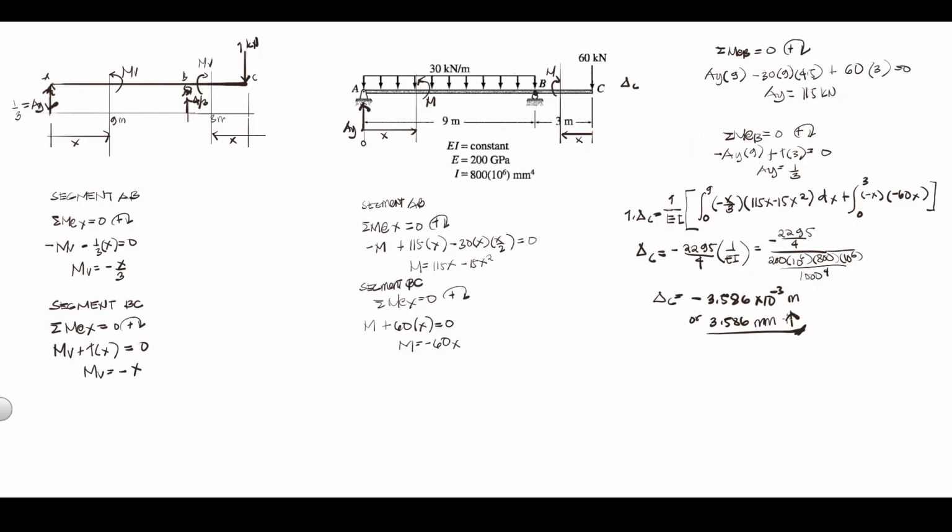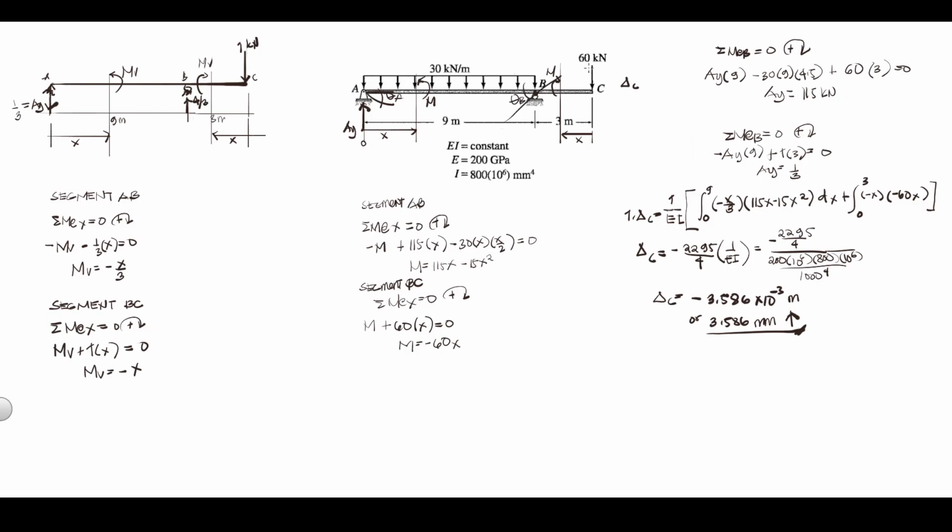Okay? So, I hope nagets natin yung example number 3. So, pwede nyo i-practice sa problem set natin ito mga to. Pwede nyo kunin yung iba pang deflection. Okay? Dito, ano? Pwede nyo kunin yung rotation sa point A, theta A, pwede rin theta B, no?